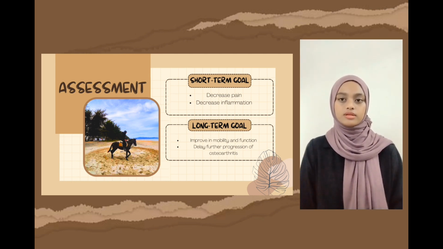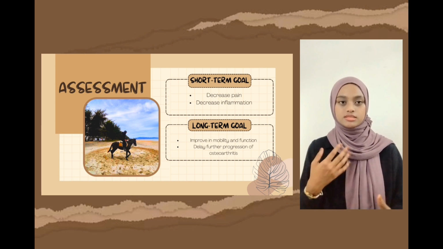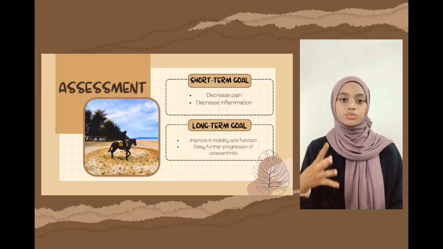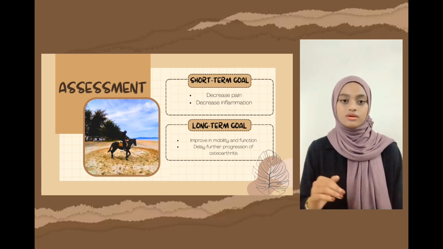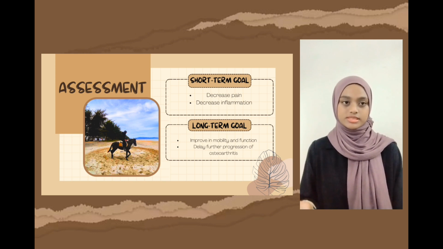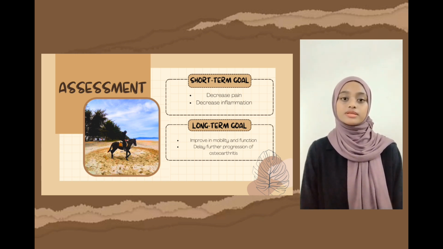Next, for her long-term goal, we focus more on improving her mobility and function, and we told her that she could delay the progression of the osteoarthritis from becoming worse. So during this, she could do functional daily activities without feeling pressure or any discomfort on her knees.